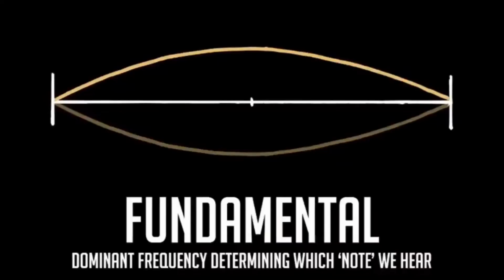The strings of a guitar do not only vibrate in fundamental or an open note, but rather they're able to vibrate in many different vibrational modes, or harmonics, and they have decreasing influence as the harmonic number, or N, as we'll call that, increases.